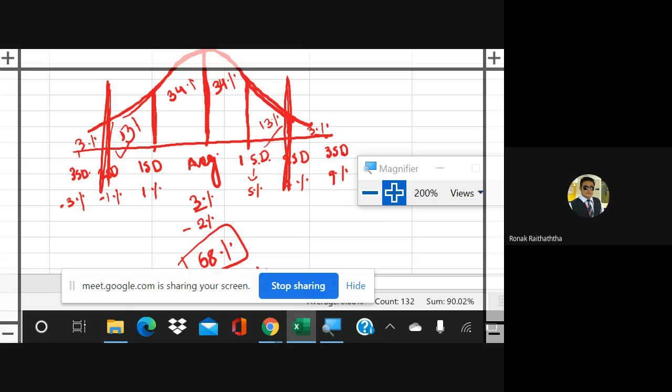Now, whether your return would be positive or negative entirely depends on the average and standard deviation you have. If the standard deviation is low, say instead of 2% it is just 1%, then the majority of the returns would be positive.